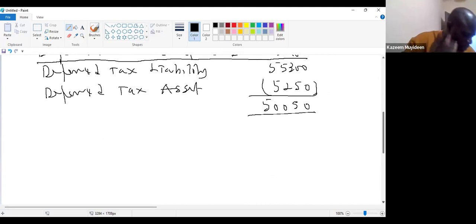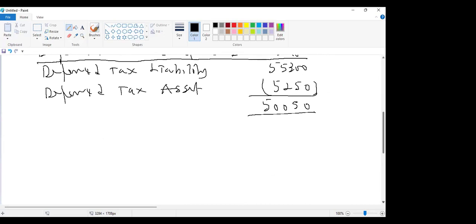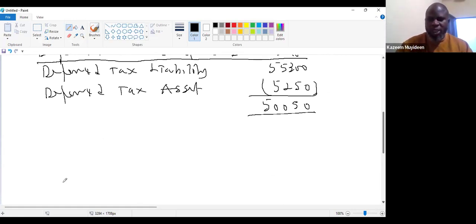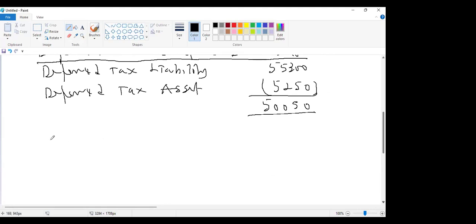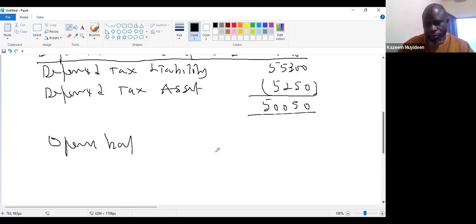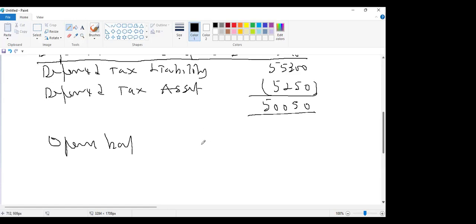But does it help me to calculate the charge? Because you give me the opening balance. Charge to the profit or loss. What is the opening balance of deferred tax in the question? 10,000. Then I close.